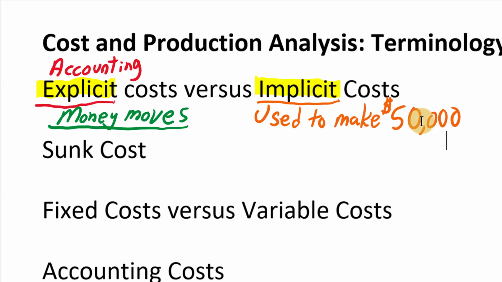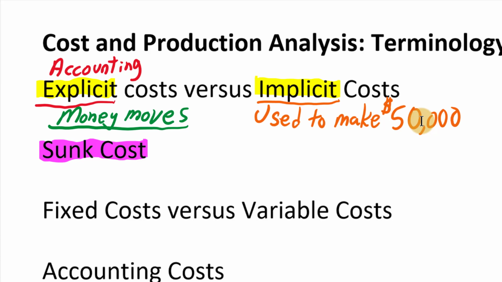The next type of cost we want to think about is a sunk cost. Now we call it a sunk cost because it is just like you took money and threw it off a boat and it sunk to the bottom of the ocean. The formal definition of a sunk cost is any cost where the money is gone and irretrievable. You can never get it back.